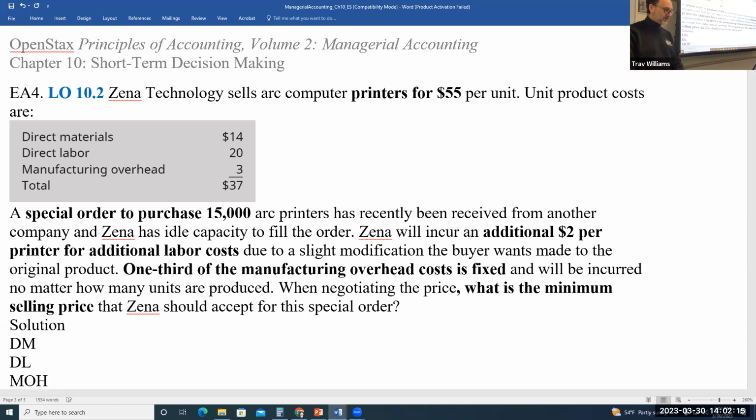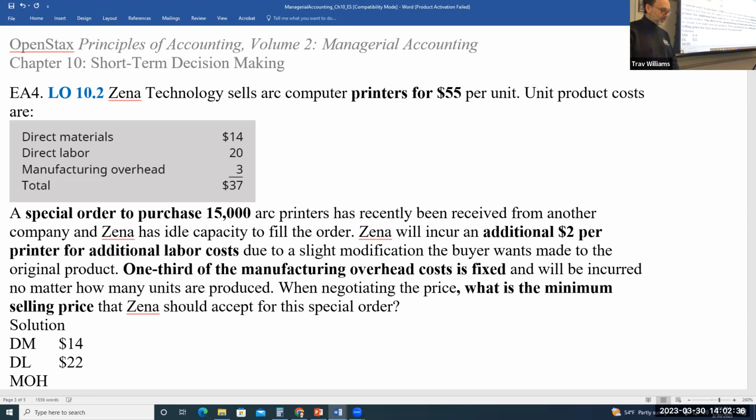It'll still be $14, that's right. Now, what's going to be their labor cost per unit? What was that? 20? Well, remember, they do have the additional $2 for this particular order because it requires some additional labor. So we add that in and it's 22.